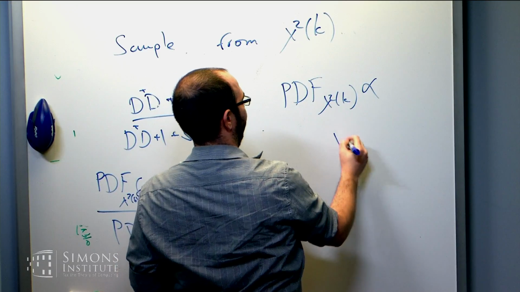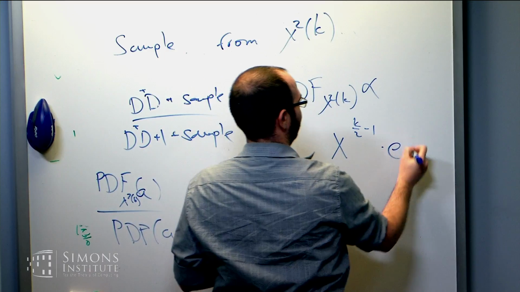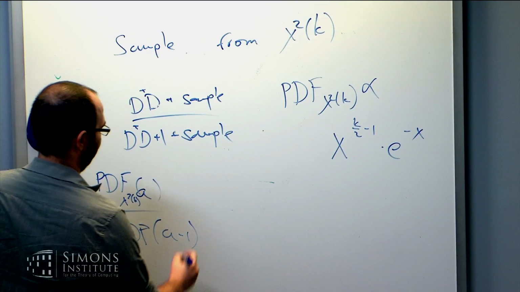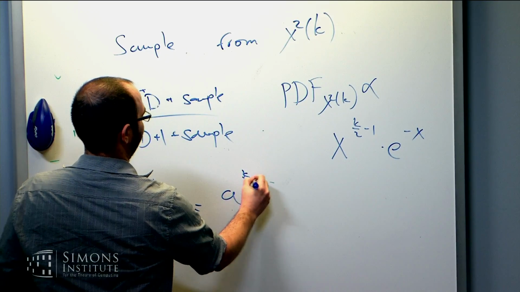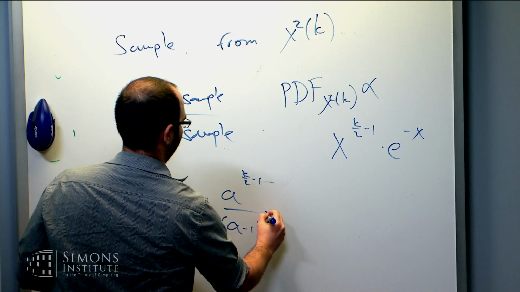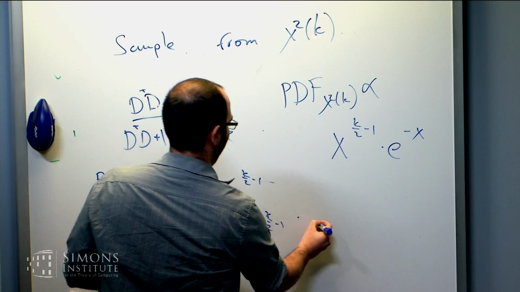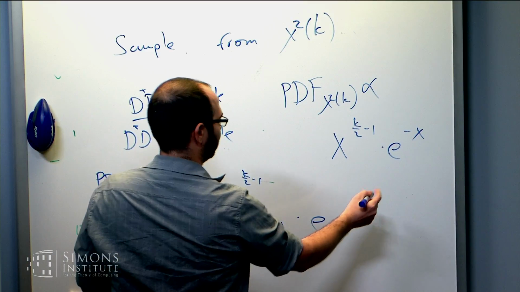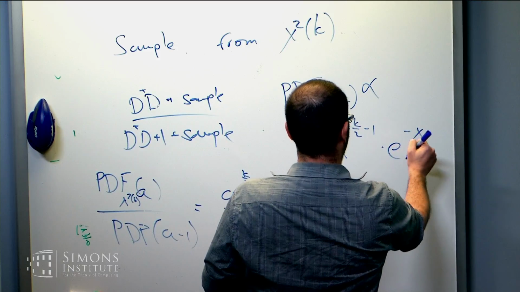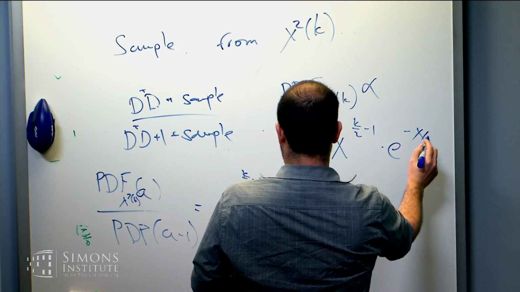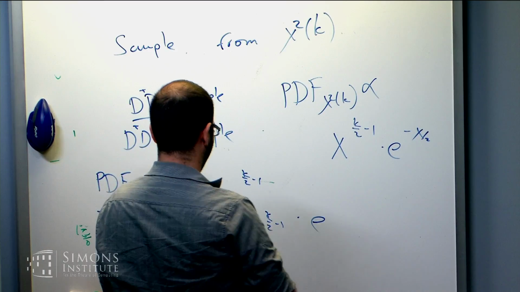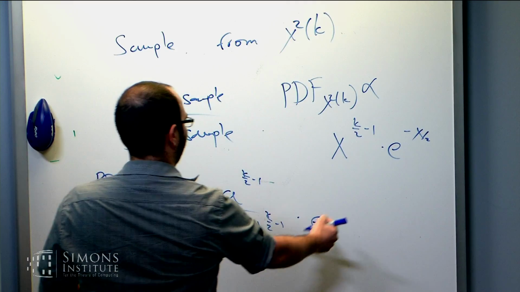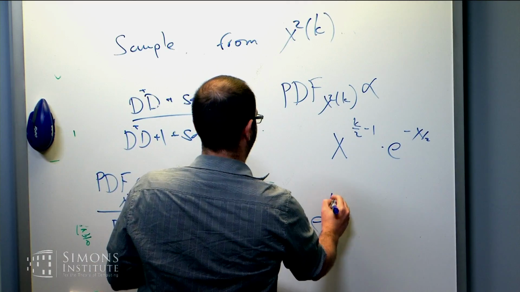It's proportional to x to the k over 2 minus 1 times e to the minus x. So what I will get here is just a to the k over 2 minus 1, a minus 1, k over 2 minus 1, e. Oh, so there's a half here. Yeah, sorry, it's x minus over 2, and e to the half.